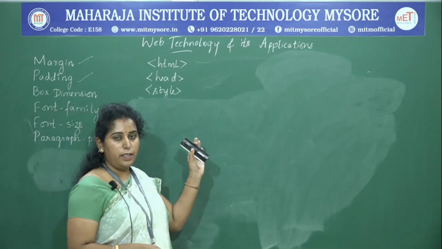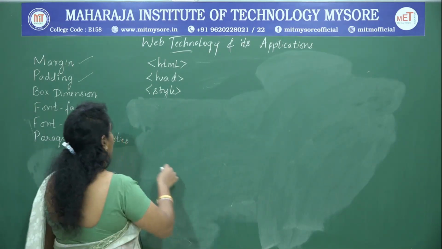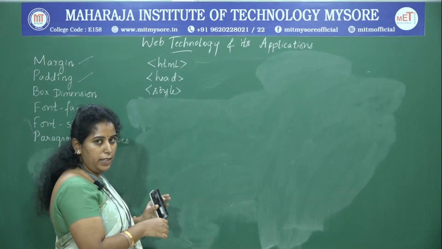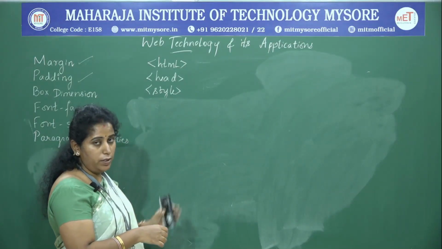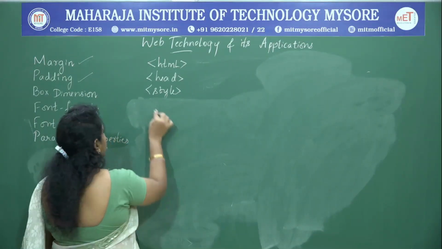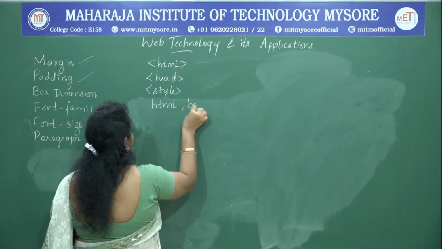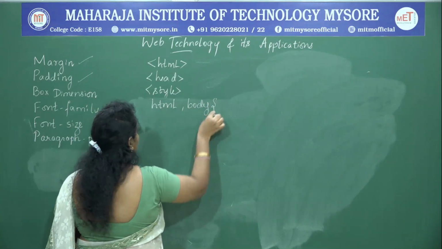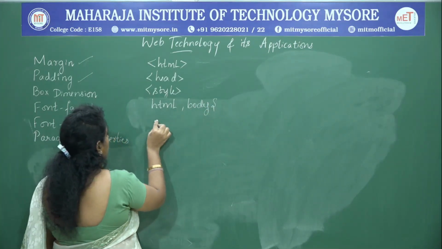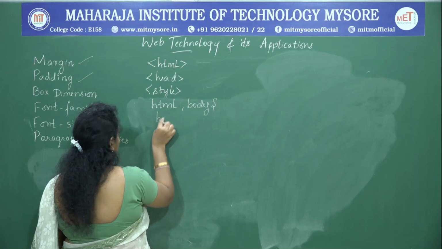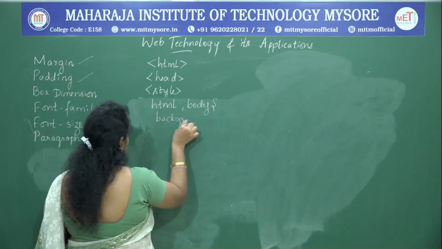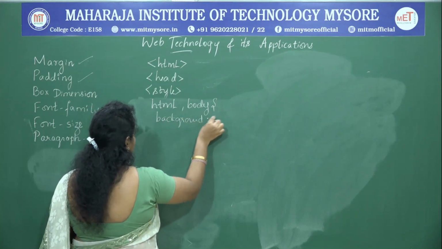Now let us take up one more example on this margin and height and width, that is about box dimension. Okay, so that is HTML body. I am setting the style rule for both, okay, HTML and body. What is that? I am giving background color silver.